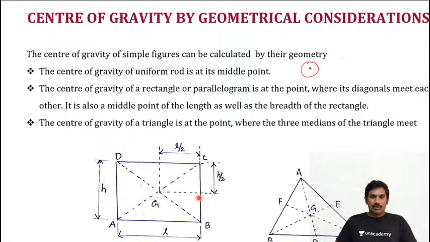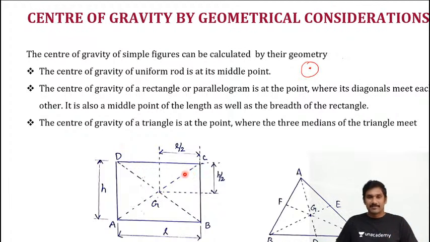If it is a parallelogram or a rectangle, if you join the diagonals, the meeting point of the diagonals is the CG. Simply by joining the diagonals, we can find the CG.